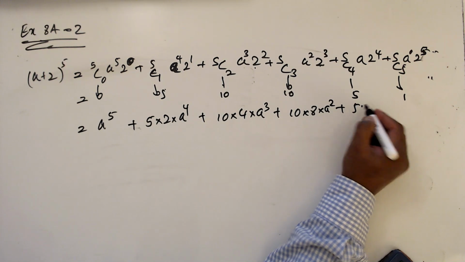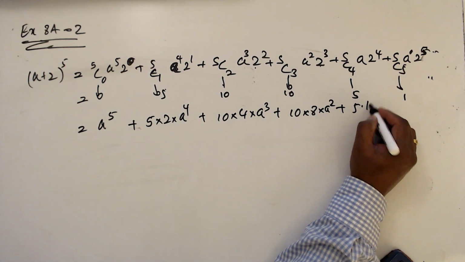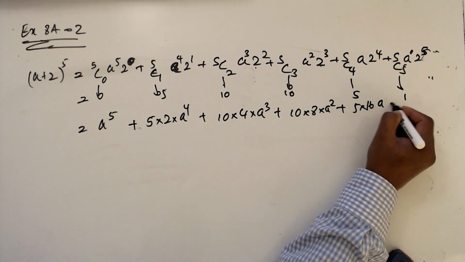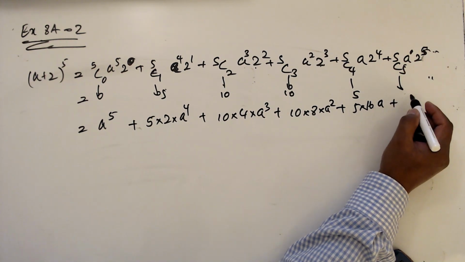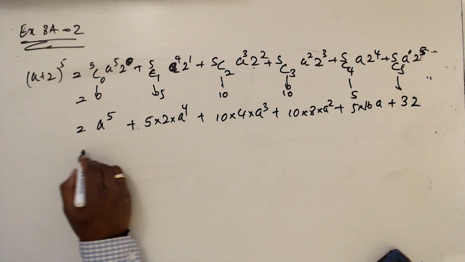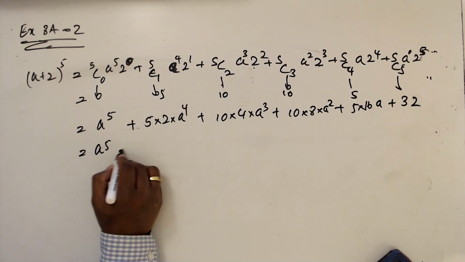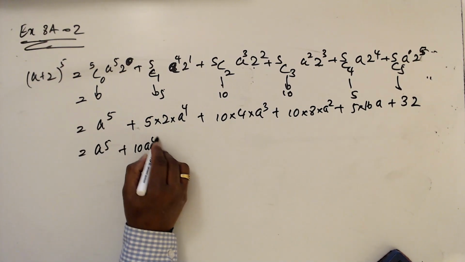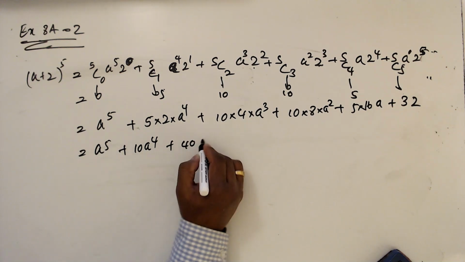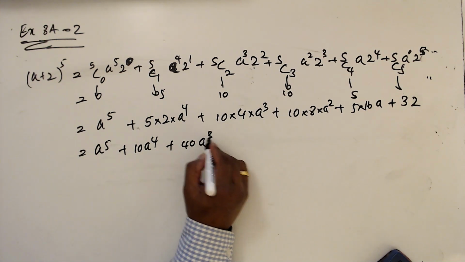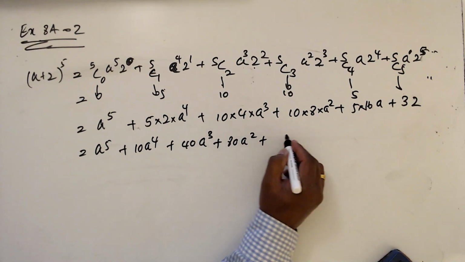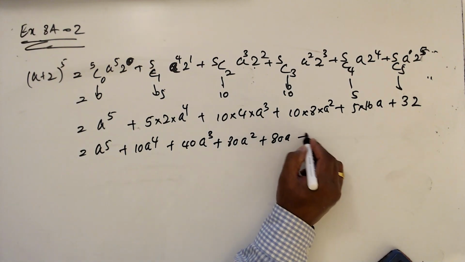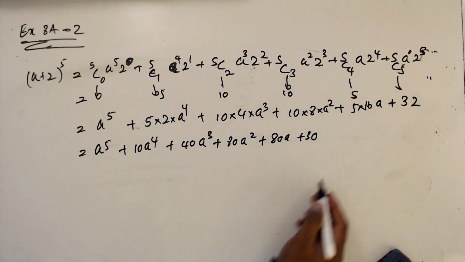This is 5 times 2 to the power 4, 16, times a. Then this is 2 to the power 5, 32. So a^5 + 10a^4 + 40a^3 + 80a^2 + 80a + 32.